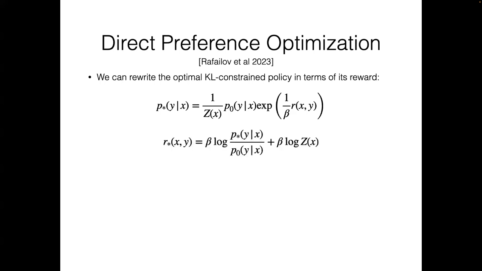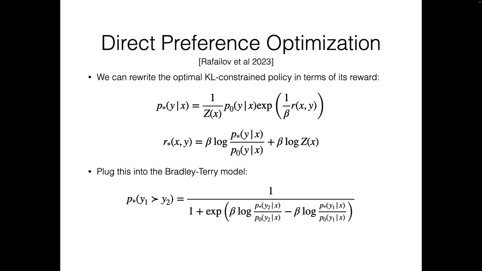So it's a kind of clever trick, and let me just show you it written out. So here is the equation from the previous slide. Now I put a star here because this is the optimal policy. And if you just do some rearranging, then you could get this R here to be on the left-hand side. And now you have an expression for the reward in terms of this optimal policy and this initial policy, and we'll call it the reference policy.